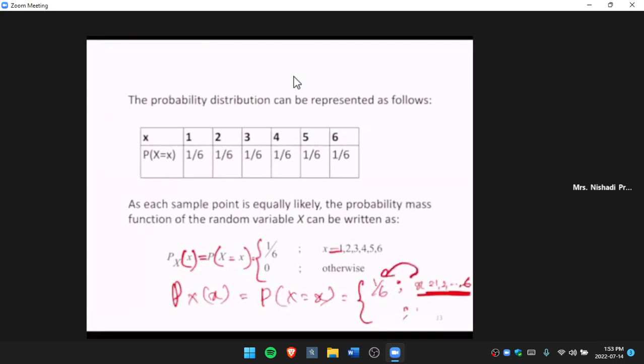But what happens when x takes any other value? What should the function be then? It should be 0. The probability of being 0 or 7, 8, 9, 10, those should be 0. Can you understand that?